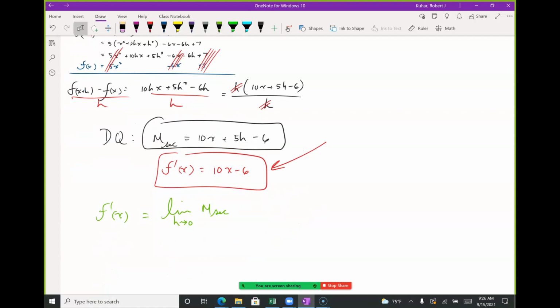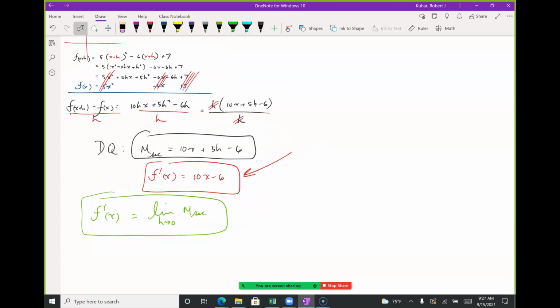So 5h is in my secant slope, but if h is 0, 5 times 0 is gone. And this again is calculus. I would have hoped that in the first 3 weeks of calculus you would completely understand this, where I went from the black to the red to the green, right here.